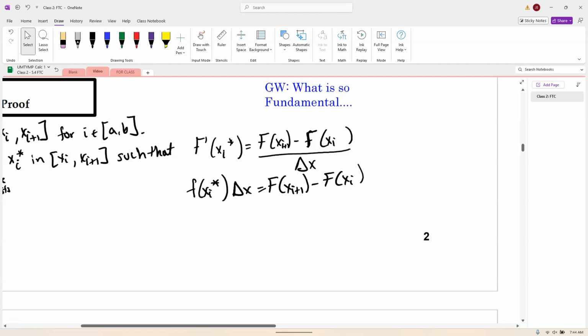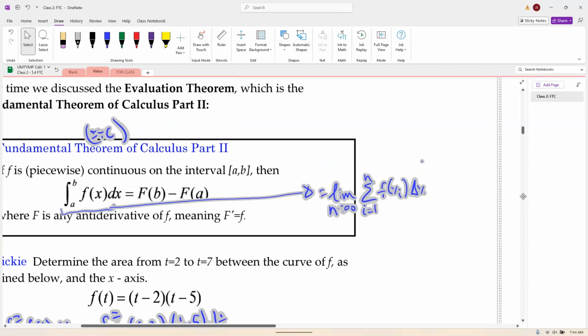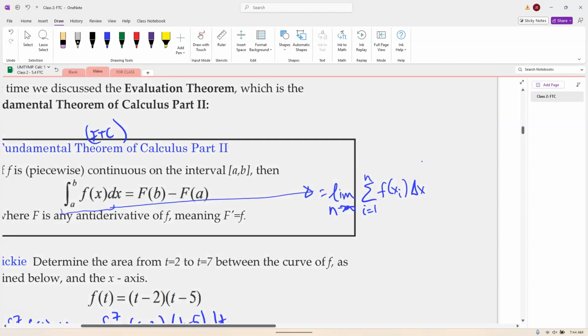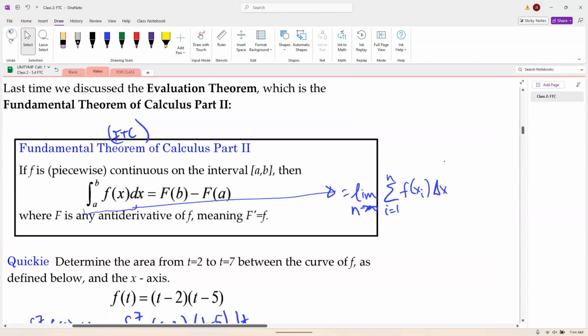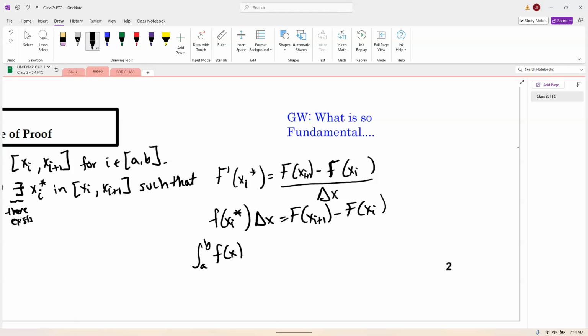Well, if we remember the definition of the integral, we have xi plus 1 and delta x there. Now, if I scroll back down a little bit, this would be equivalent to the integral from a to b of f of x dx. Let me write this a little bit differently.